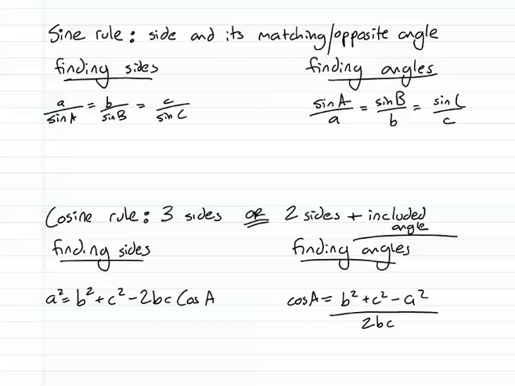A reminder, if you can't remember which version of the rule is for finding sides and which is for finding angles, each rule starts with the thing that it's going to be finding. So, in the sine rule, with a side on top of the first thing, that's where we start reading, that's what we're going to be finding.